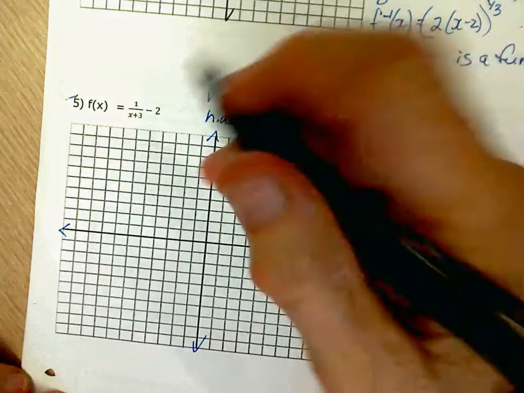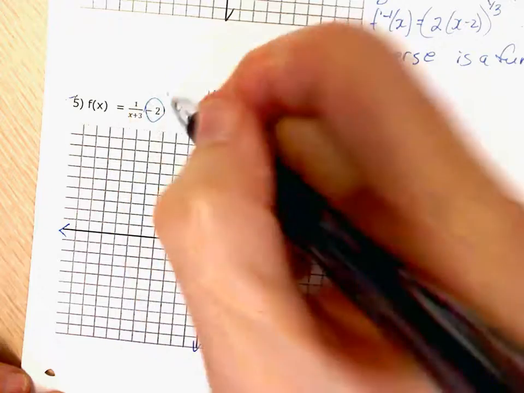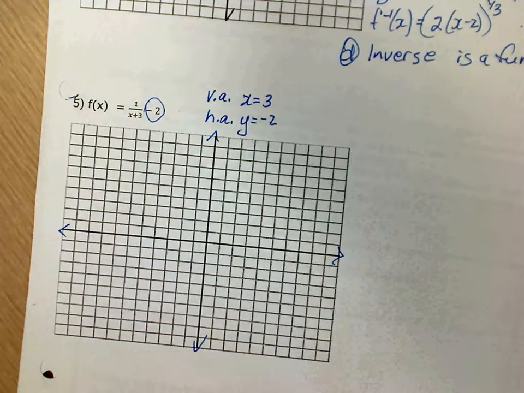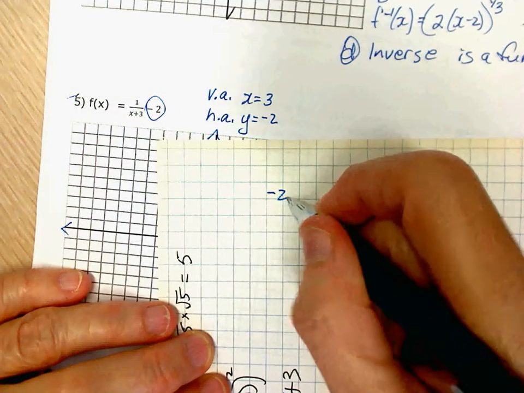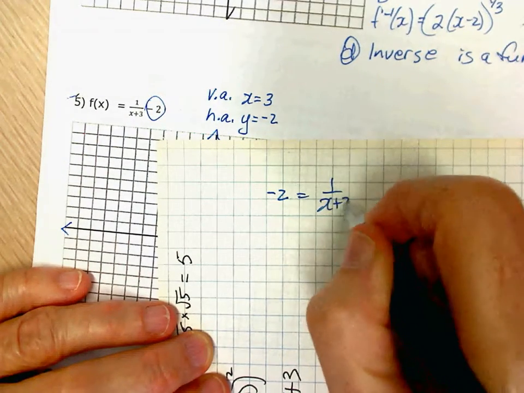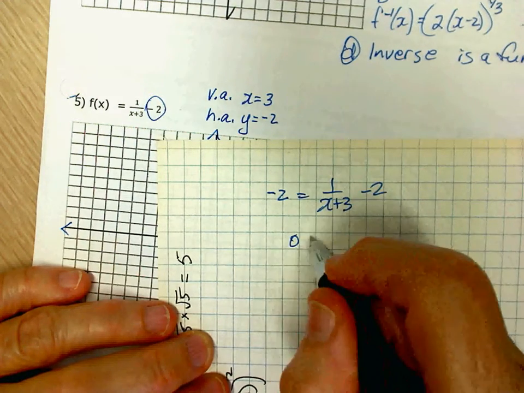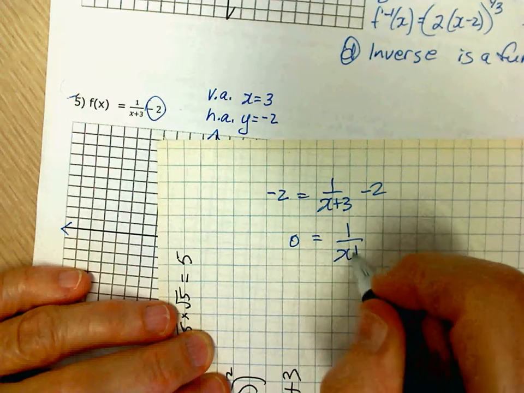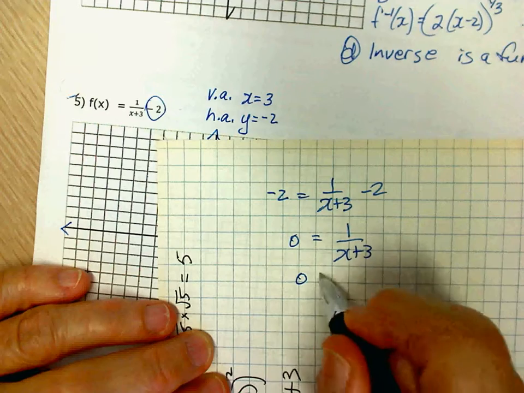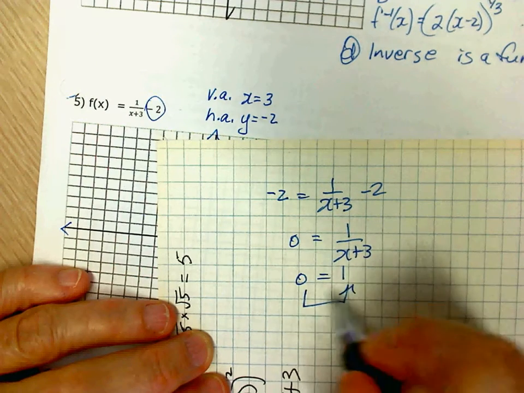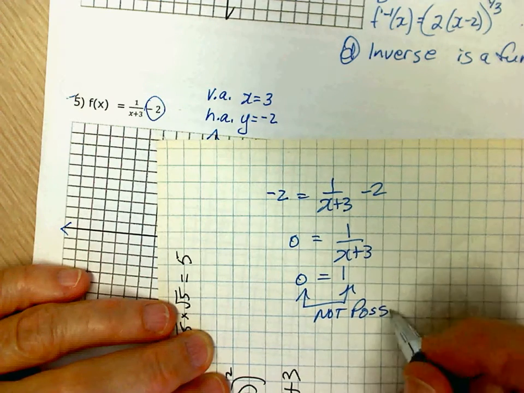We get it from this. I can prove it to you. If I substitute in a y value of -2, I add 2 to both sides, and this is 0 equals 1 over x plus 3. I multiply both sides by x plus 3, and I get 0 equals 1. Not possible. You can't say 0 equals 1 for obvious reasons.